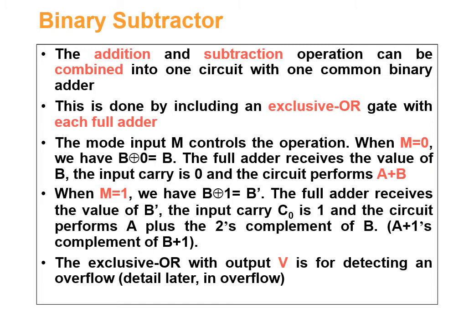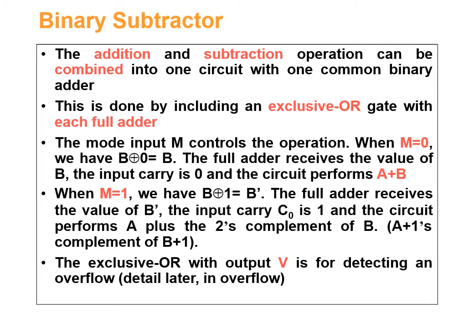This is done by including an exclusive OR gate with each full adder. The mode input M controls the operation. When M is equal to 0, we have B exclusive OR 0 equal to B. The full adder receives the value of B, the input carry is 0, and the circuit performs A plus B.